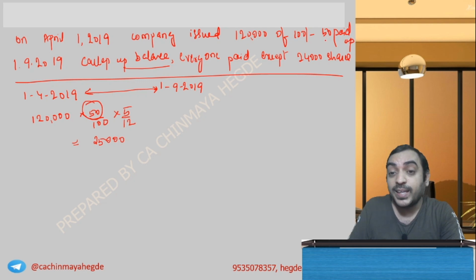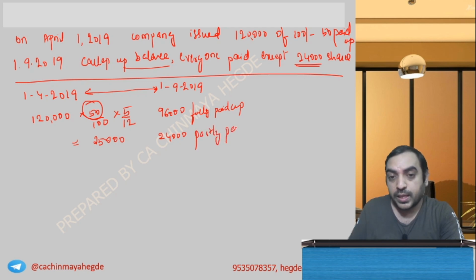No, for everybody except 24,000. So 1,20,000 minus 24,000, 96,000 shares became fully paid up. And the balance 24,000 shares, who did not pay the balance amount, continue to be partly paid up.